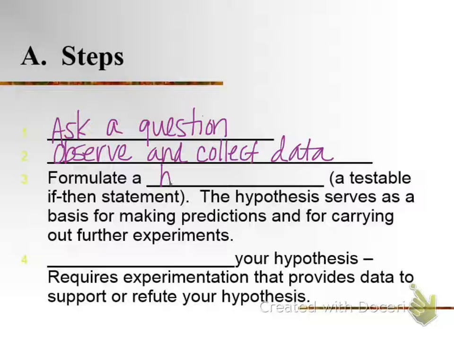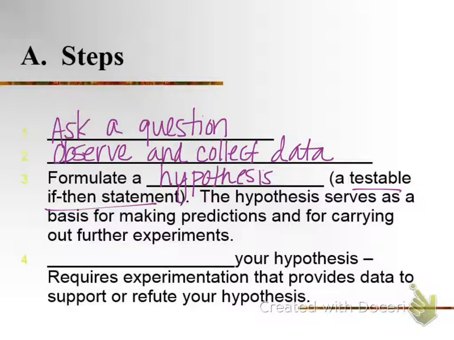You next will formulate a hypothesis. Now, I prefer testable statement over educated guess. Your paper today says educated guess. I actually dislike that. Okay. The hypothesis serves as the basis for making your predictions and carrying out your further experiments.